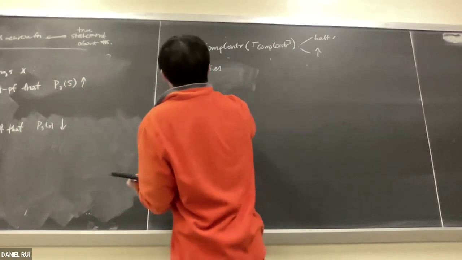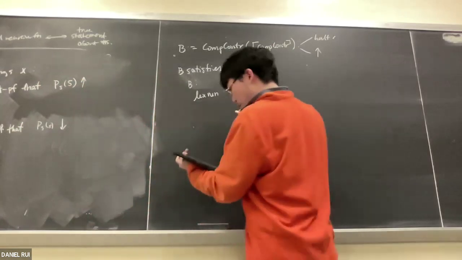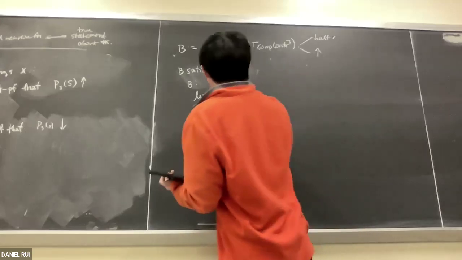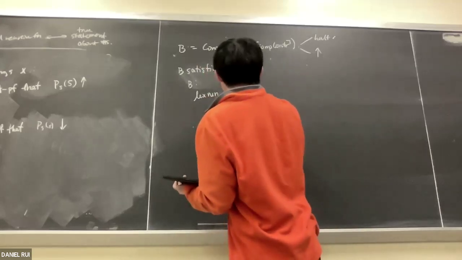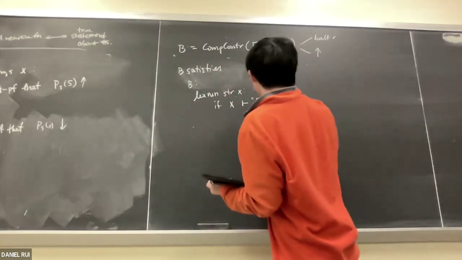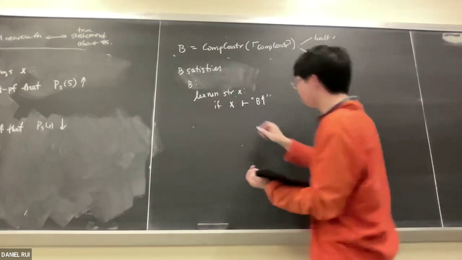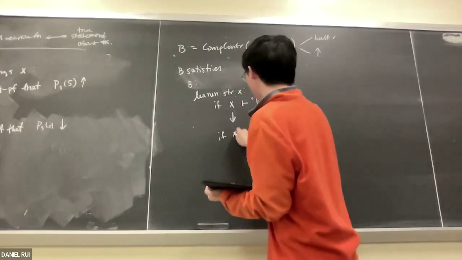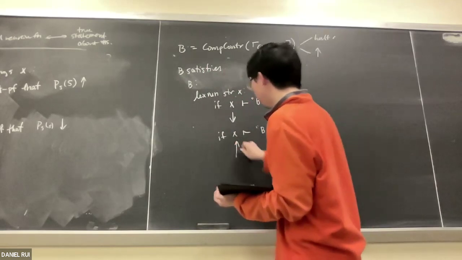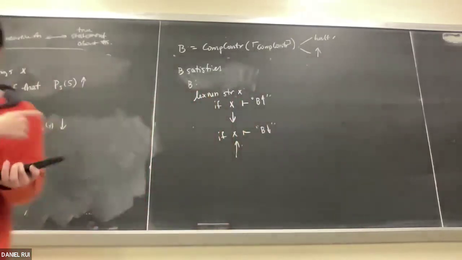B. Let's graphically run through strings X. If X proves, with this little funny turnstile symbol, that B runs forever, then I halt. And if X proves that B halts, then I run forever. So B satisfies that.